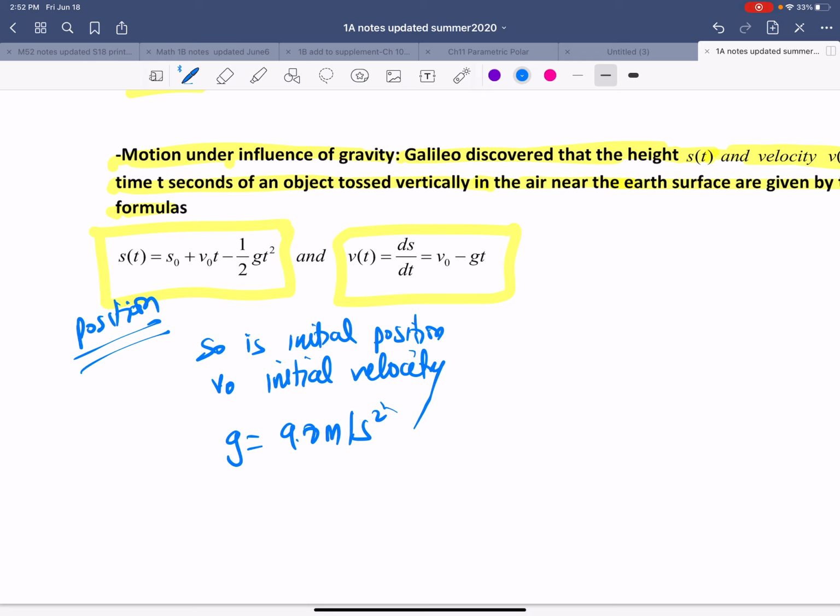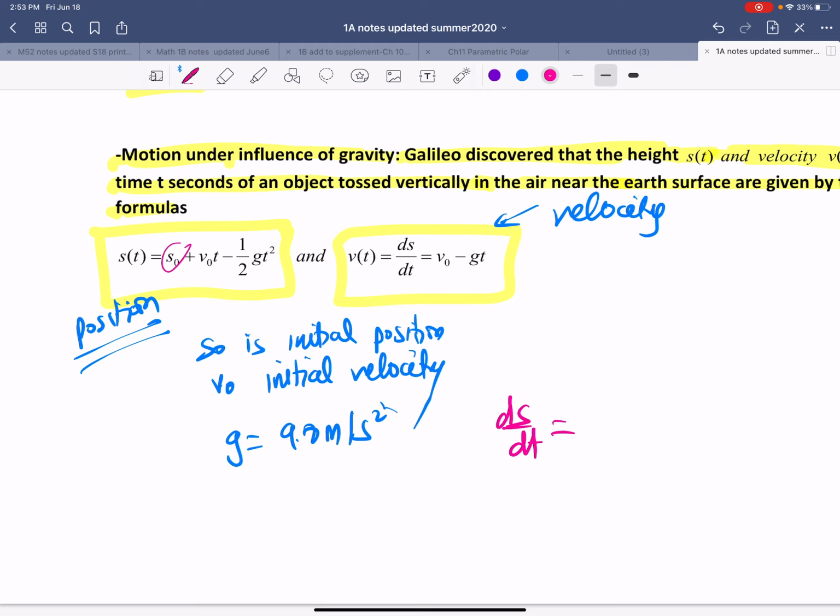Okay, so S naught plus V naught t minus 1/2 g t squared, that's going to be the position function, and this will be the velocity function. If I take the derivative of the position function, ds dt, because S naught, the initial height, is a constant, that is going to become 0.